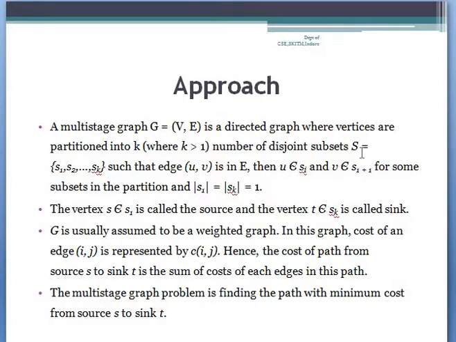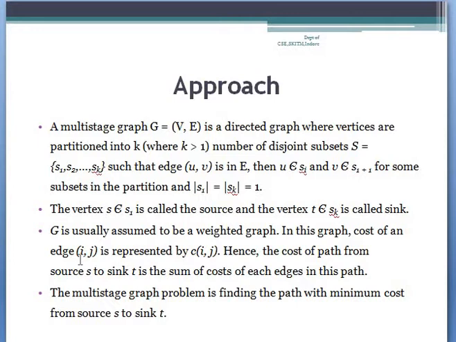The graph is partitioned into disjoint subsets S such that if an edge (u, v) is in E, then u and v are in consecutive stages, with S1 and Sk each containing one vertex. The vertex s belonging to S1 is called the source, and the vertex t belonging to Sk is called the sink, and G is assumed to be a weighted graph.